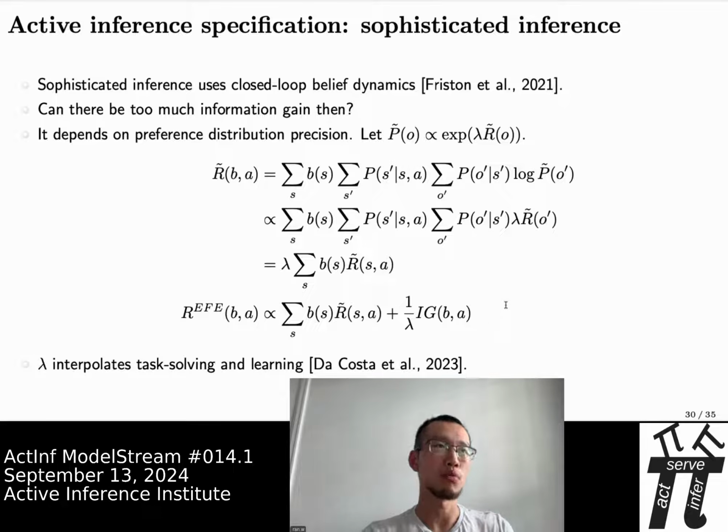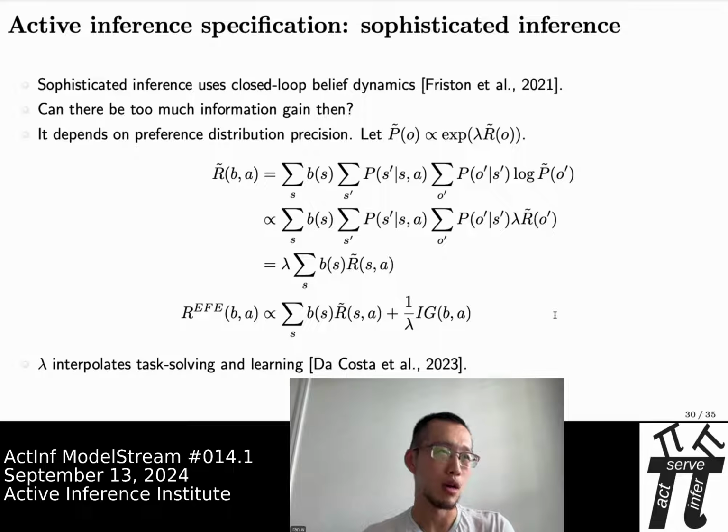So if your preference is very precise with a very low temperature, or in this case, a very high value of lambda, then you're essentially saying that I only care about the reward. I don't care about the information gain. And if you do this, then sophisticated inference becomes exactly equivalent to the Bayes optimal policy.